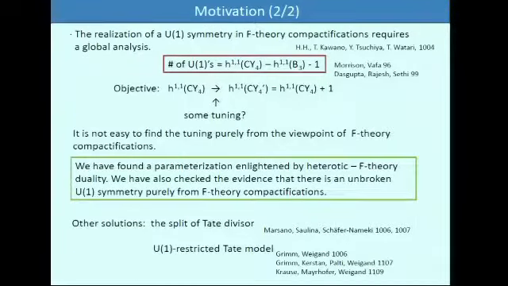In F-theory computation, U(1) symmetry requires a global analysis, and the number of U(1) symmetries is counted by this kind of formula. If we have a non-abelian gauge symmetry in the low energy effective field theory in 4 dimensions, we have some non-abelian singularity in the Calabi-Yau fourfold.